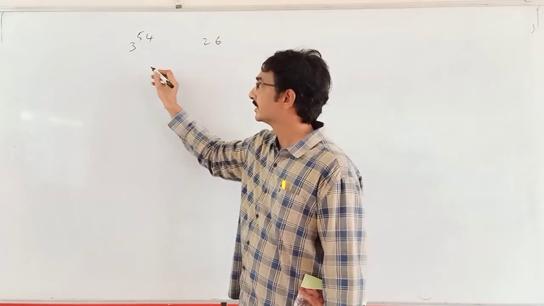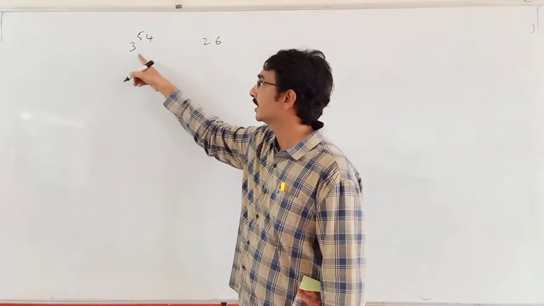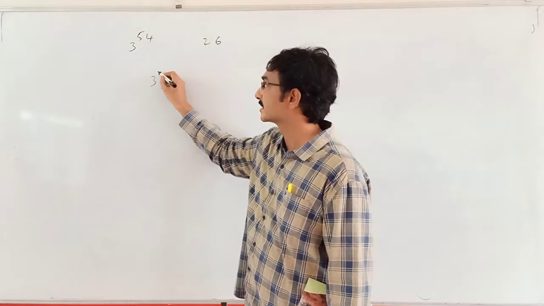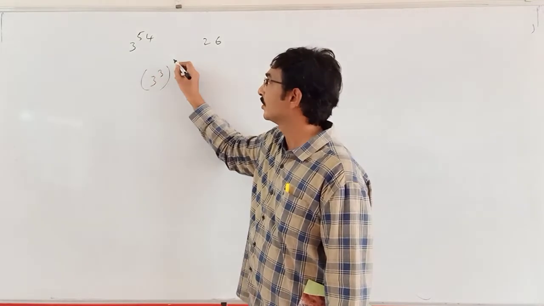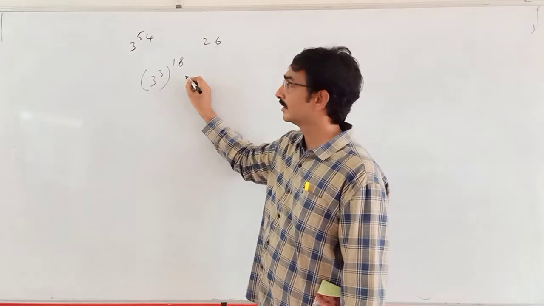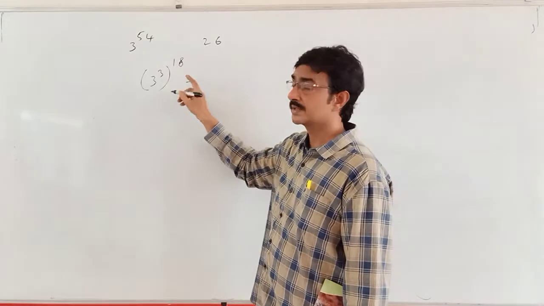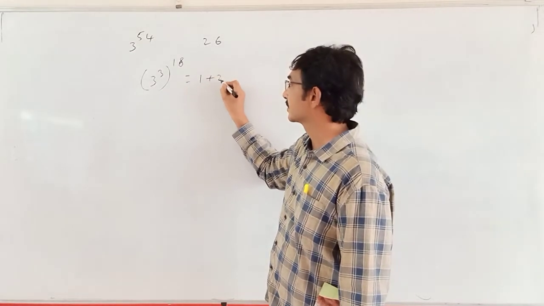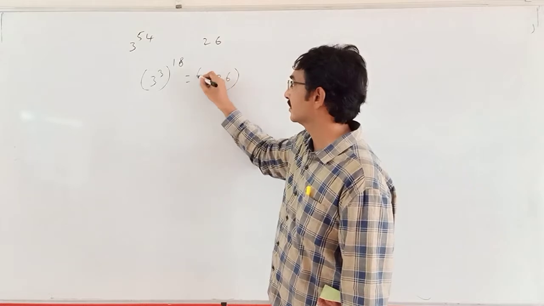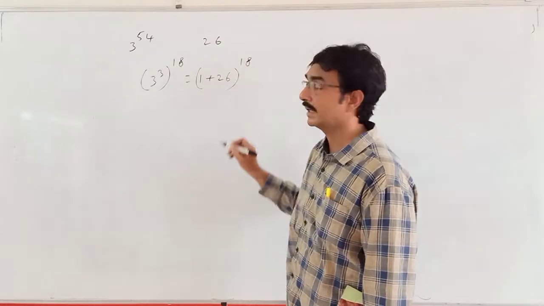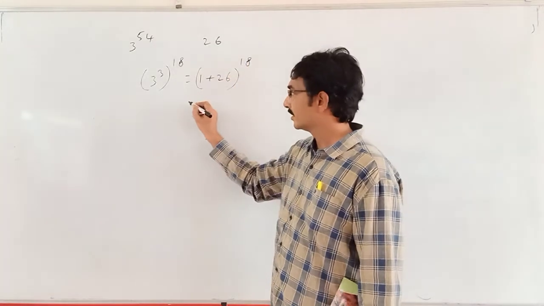So 3 power 54 can be expressed as 3 cube whole power 18. 3 cube means 27. 27 can be expressed as (1 plus 26) whole power 18.